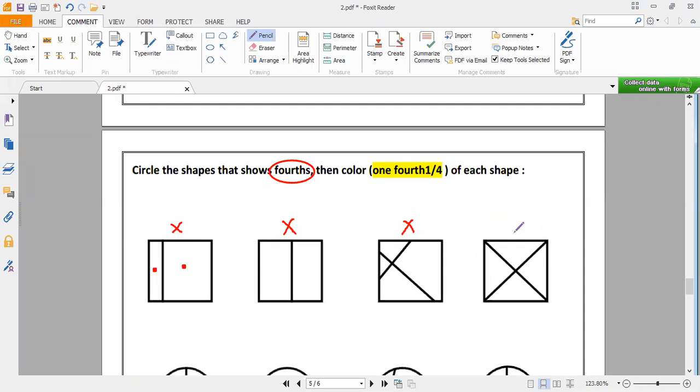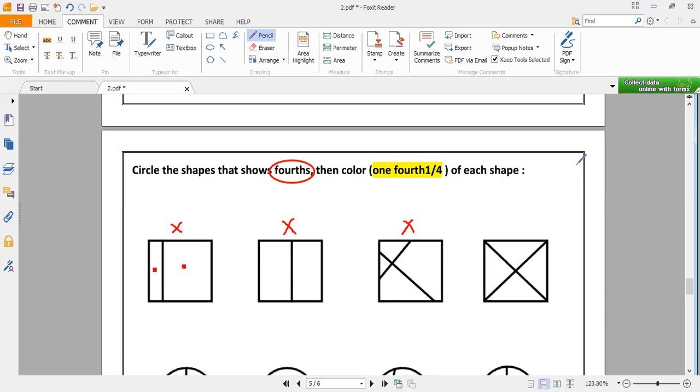Okay, the fourth one here, fourths or not? Yes. The last shape, fourths or not? Not. Why? How many parts are in this shape, Sidra?